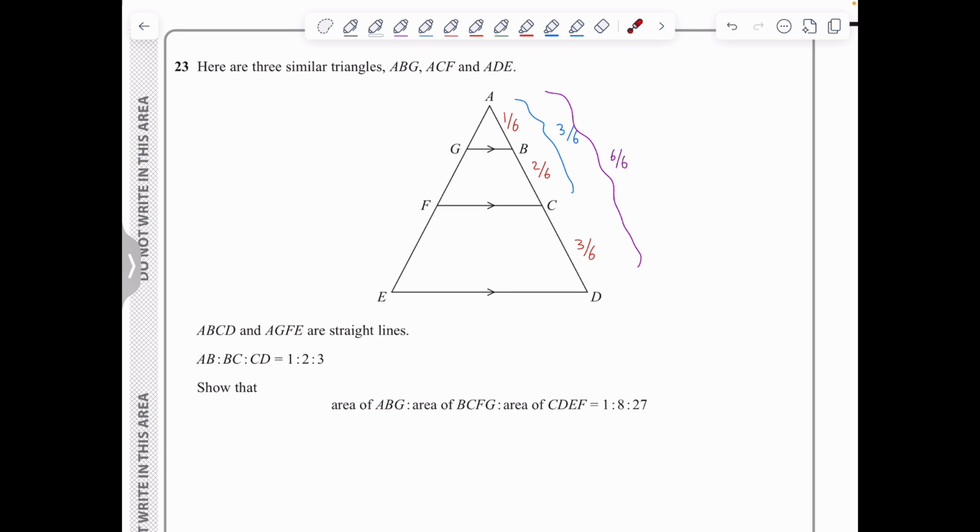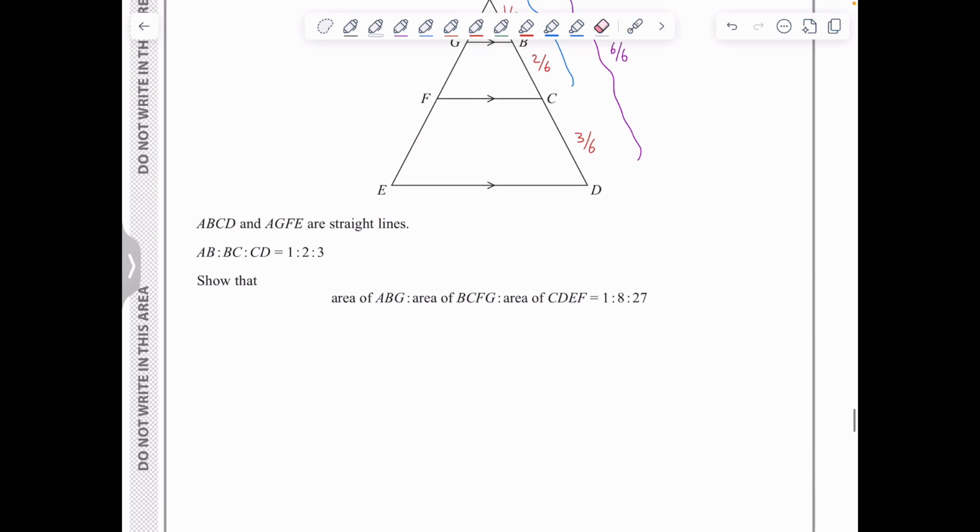And we can easily conclude the scale factors for the lengths. So for the triangle ABG, I will multiply by 3 to get to the triangle ACF, and then from the triangle ACF, I will multiply the 3/6 by 2 to get to the 6/6. This will be useful because we are looking at similar shapes. So let me draw the different triangles here.